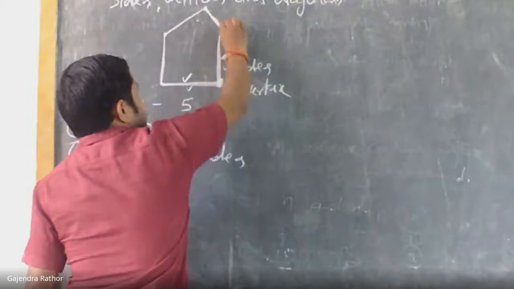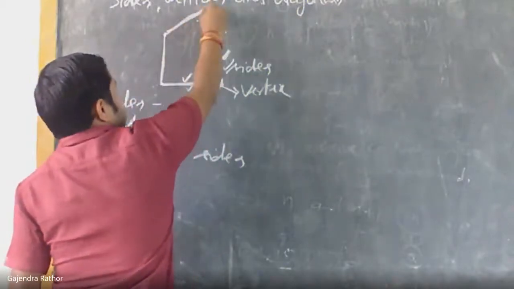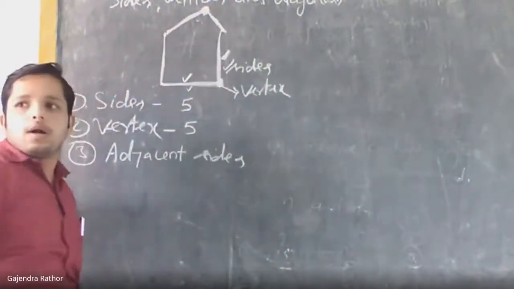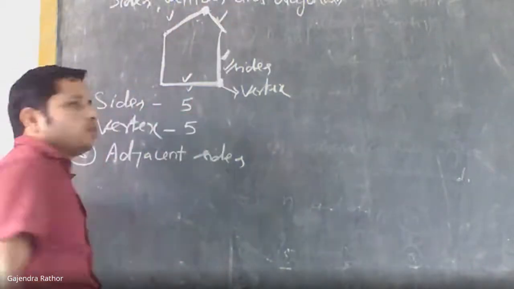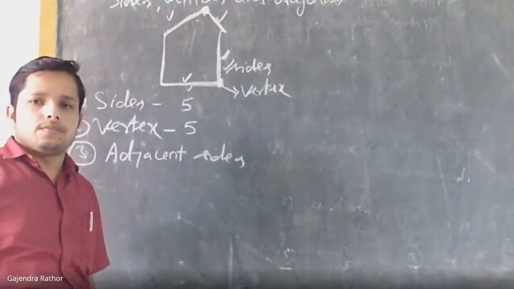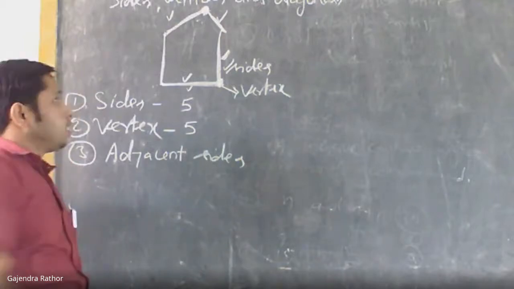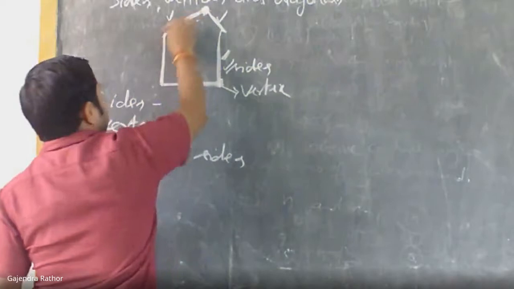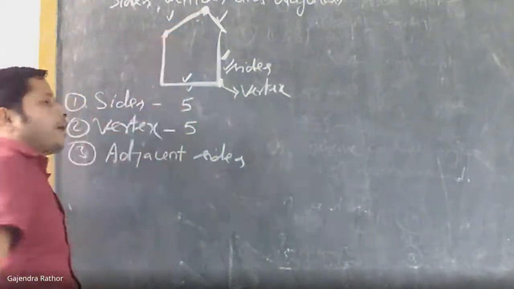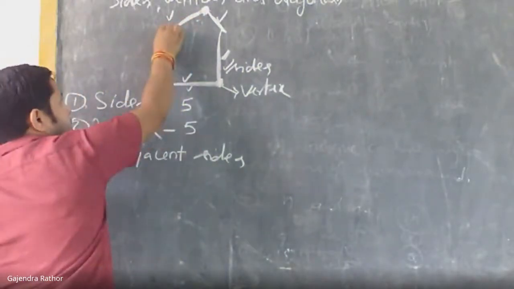Now this side and this side also have one common point. So these are also adjacent sides. Now this side and this side also have one common endpoint.